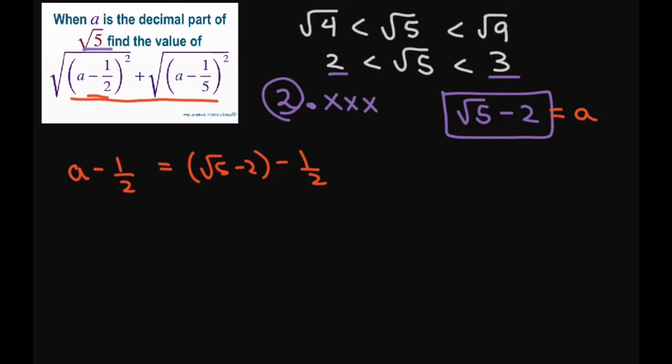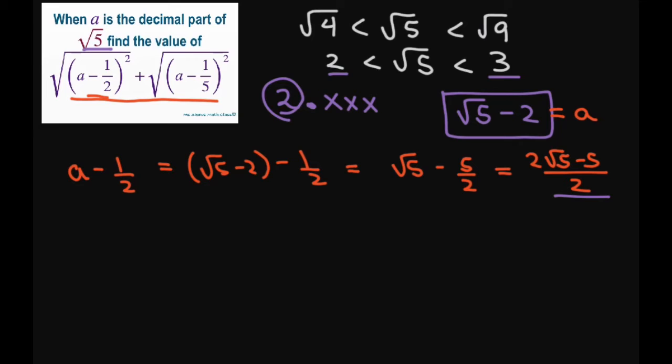All right, and simplifying this is going to give us square root of 5 minus 5/2. Or we can write this as (2 square root of 5 minus 5) divided by 2 for the common denominator. Now, is this positive or negative?